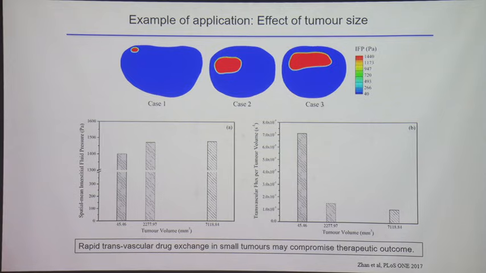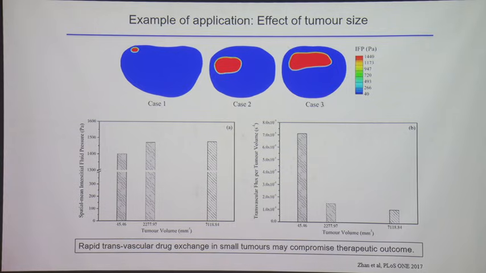And if we look at the spatial mean interstitial fluid pressure, this is what we get here. So it looks like in the smallest tumor the magnitude of the interstitial fluid pressure is slightly less than the other two. And then we also looked at the transvascular flux per tumor volume.